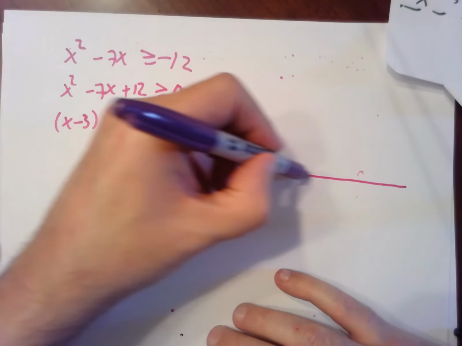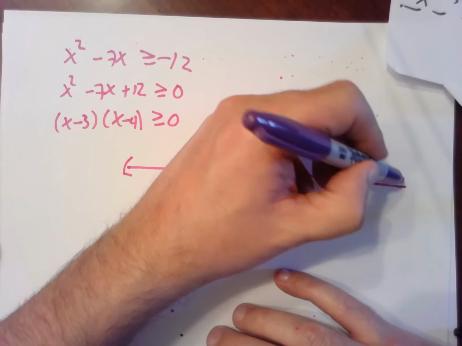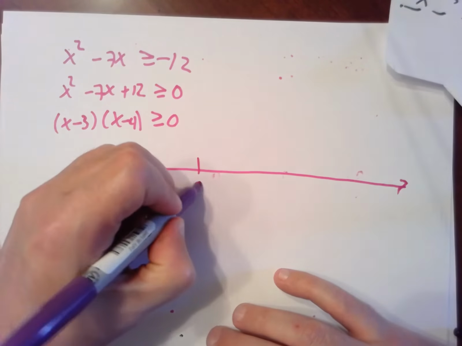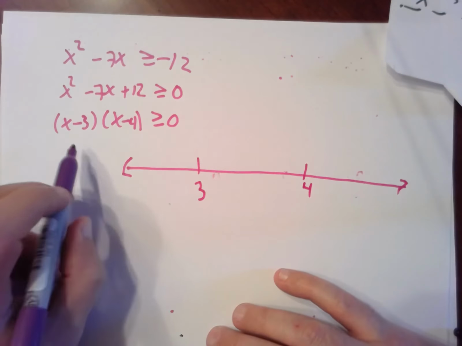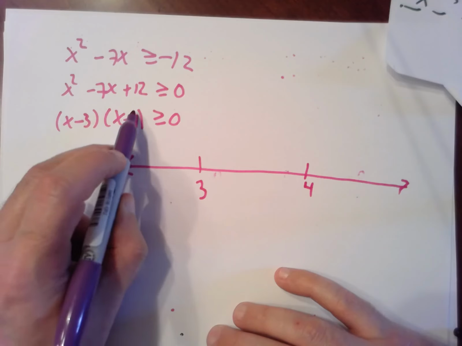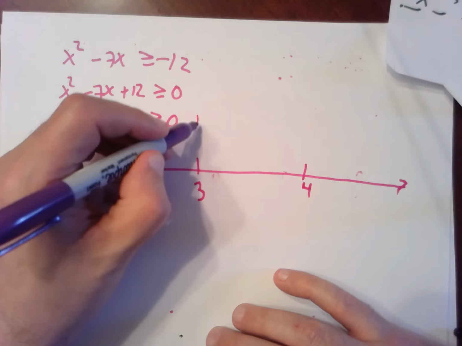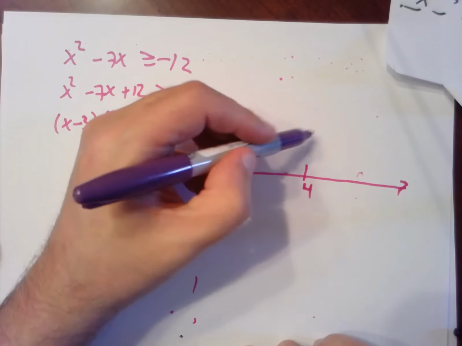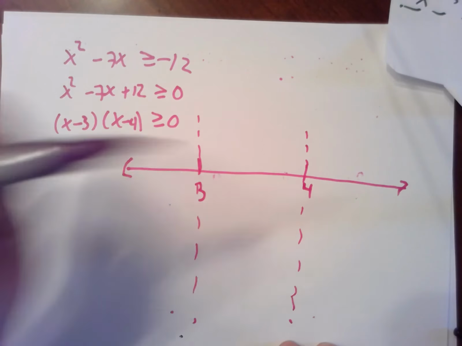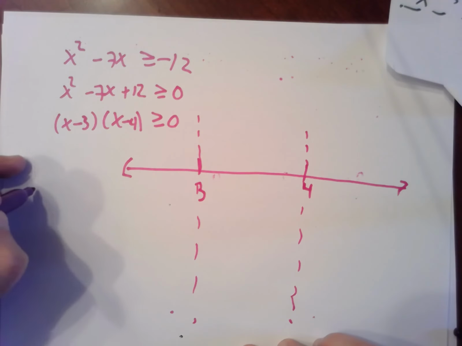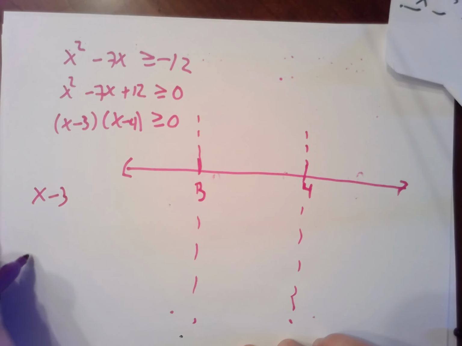I draw a number line. On the number line, I list all of my roots. 3 makes him 0. 4 makes him 0. Put in my little dotted lines. If you're not putting in the dotted lines, you're going to get the wrong answer. List the factors over here on the side.